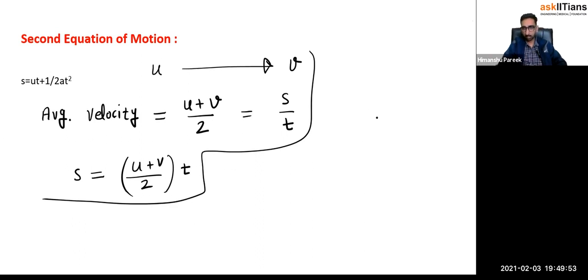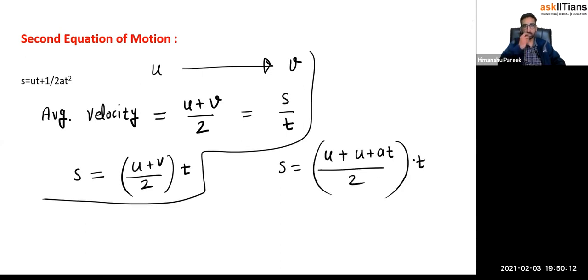Now, here comes the difference. When you derive the second equation of motion, you are not interested in knowing the final velocity. So that time we should replace it. How will we replace it? With u plus at. This is what I did in the graphical method also. In the derivation of the second equation of motion, we use the first equation of motion.